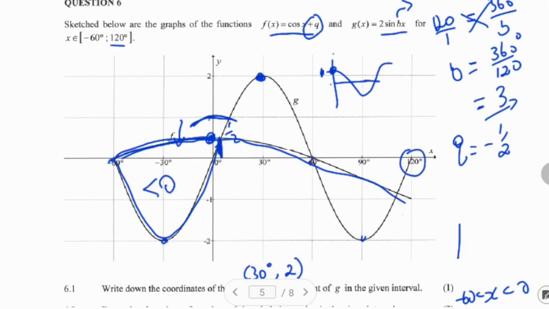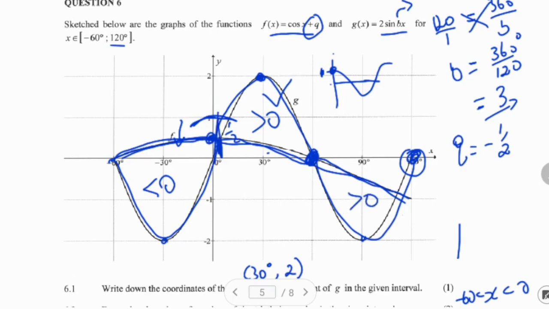And between here and here, what do we have? G is on the positives, F is on the positives. Then positive times positive is a positive. This region is in. And then between here and here, both graphs are on the negative values, and negative times a negative is a positive.